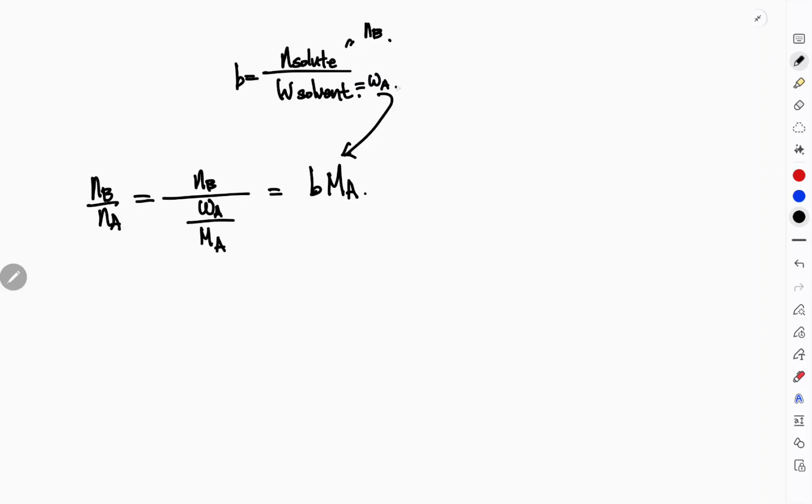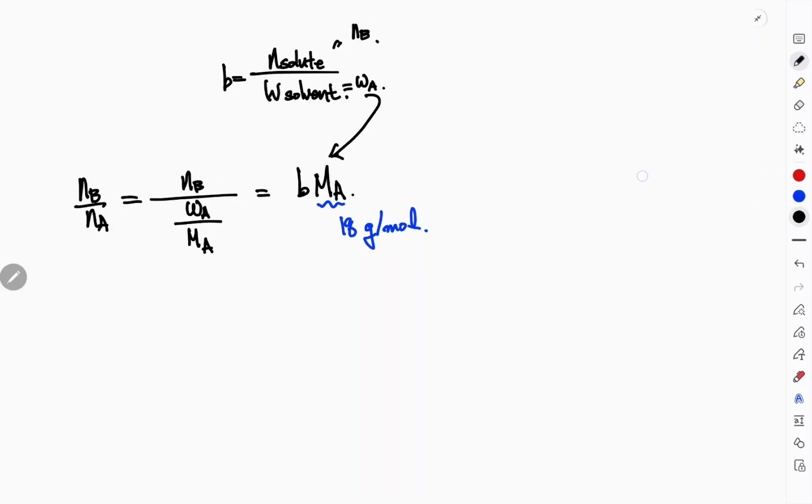So let's rewrite this one. Here, VA is equal to VA star, 18.079, minus 9.108.